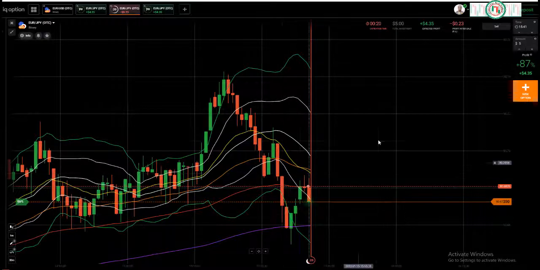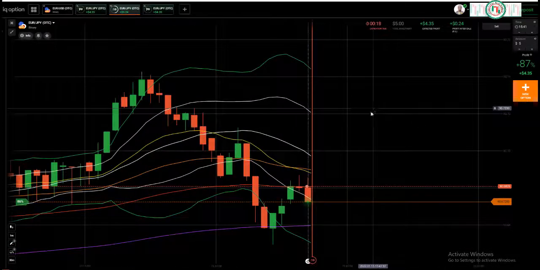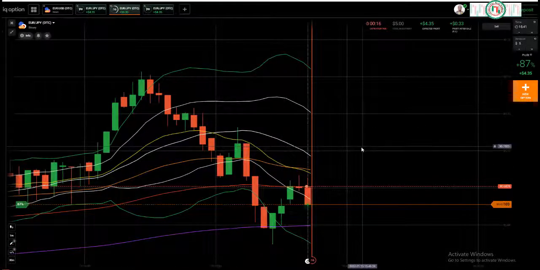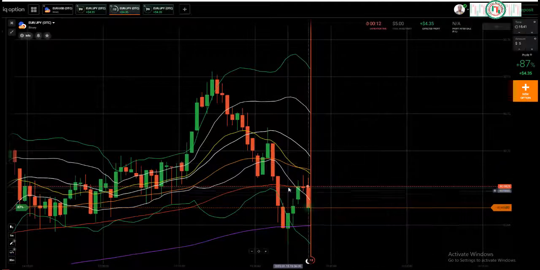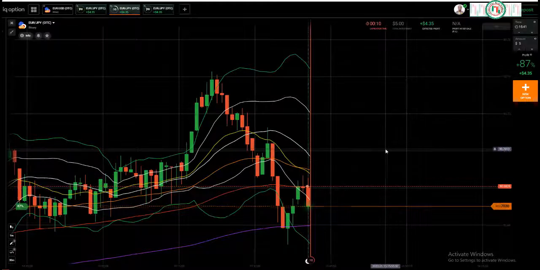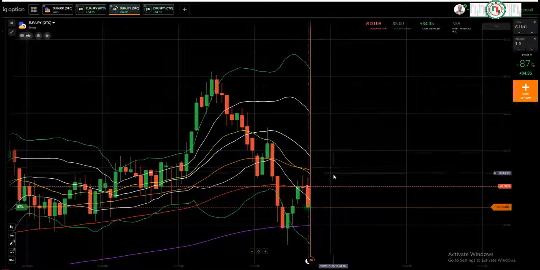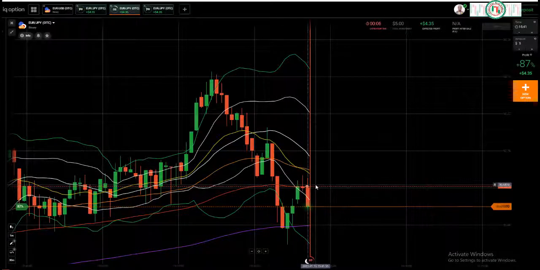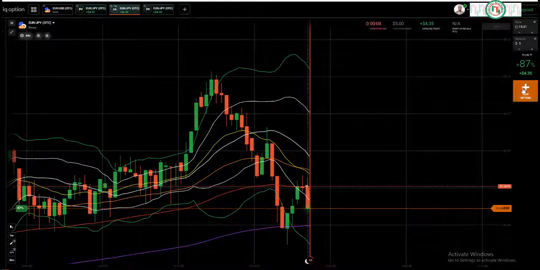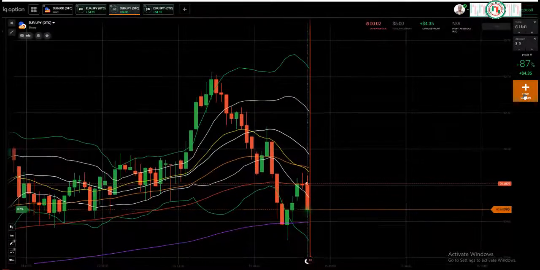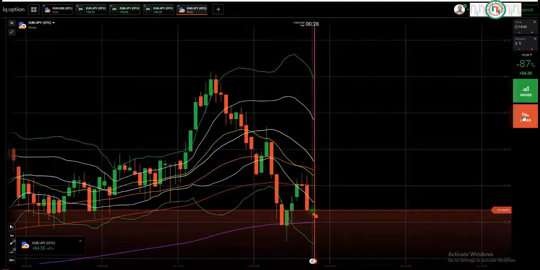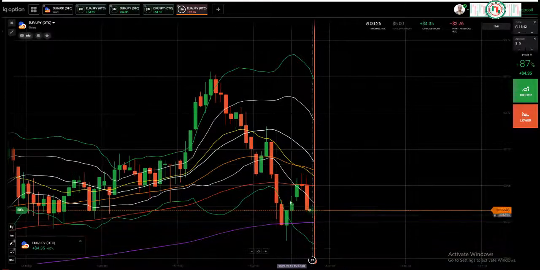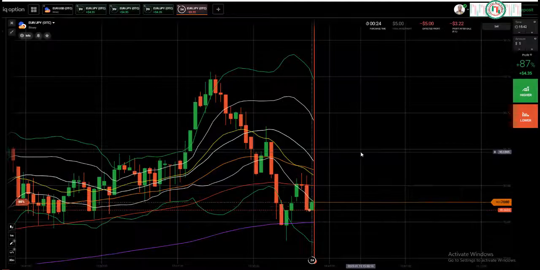You see strong sellers entry from 20 EMA. From 100 EMA. I will place put option again in the direction of market momentum.